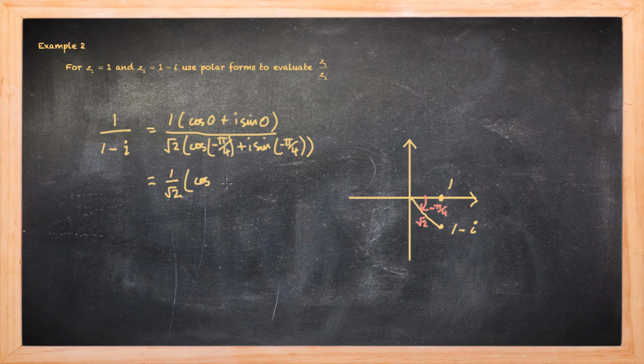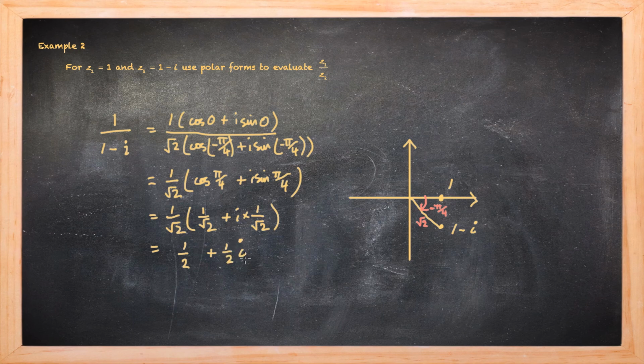So 0 minus negative pi upon 4 is pi upon 4. So we end up with trying to evaluate cos pi upon 4, that's 1 upon root 2, and sin pi upon 4 is 1 upon root 2 also. And let's multiply out. 1 upon root 2 times 1 upon root 2 is 1/2. And similarly here. So it's 1/2 plus 1/2 i. So there's our answer to question 2.